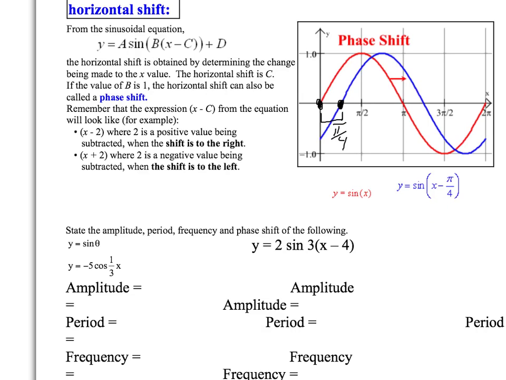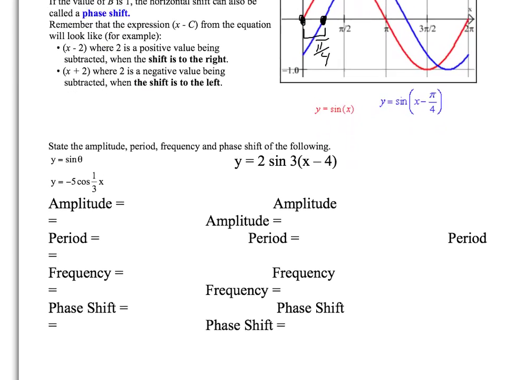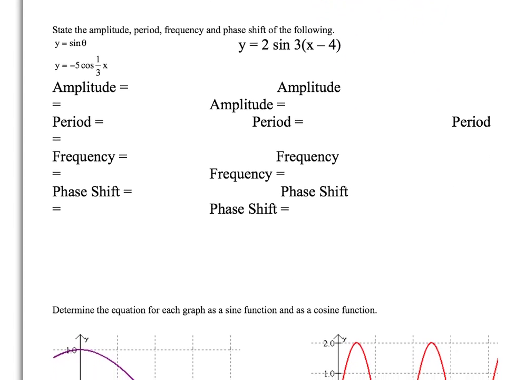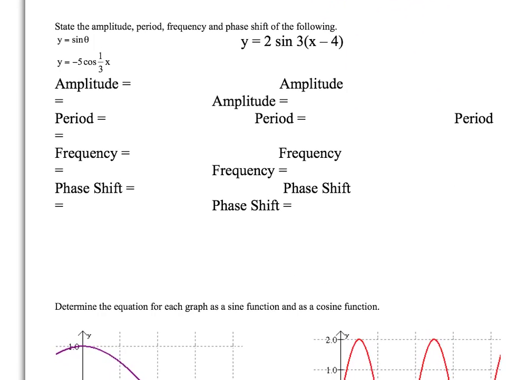What I'm going to do is, instead of graphing all of these, and I'm sorry again it came out poorly, I'm going to show you how to look at an equation and be able to find amplitude, period, frequency, and phase shift. So the first one we have, and I'll use different colors to help us here, is y equals sine theta, and I'm going to fill it in this spot here.